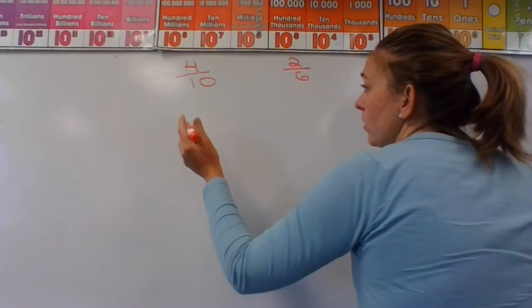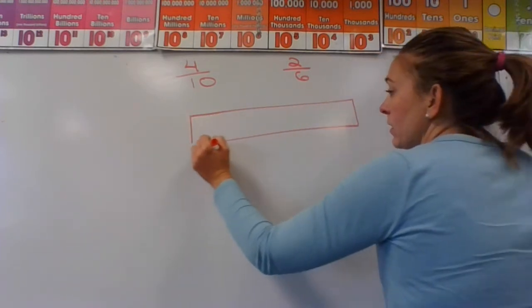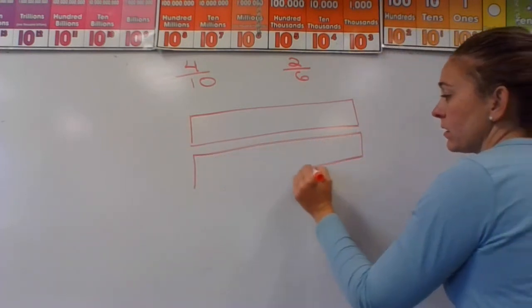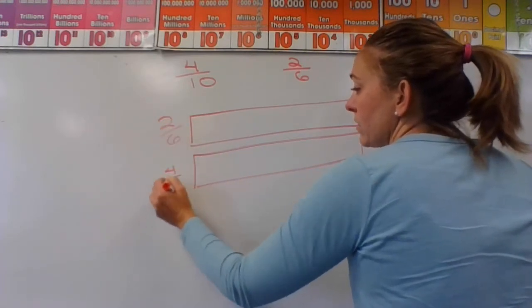Okay, so I'll draw my tape diagrams out again. Try to make them the same length. And this will be my 6ths, 2/6, and 4/10.